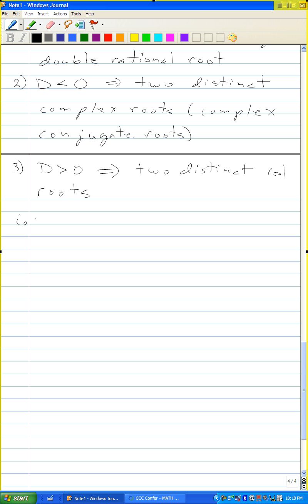Suppose, in addition, that the discriminant is greater than zero, and let's say that D is a perfect square, and that basically B over A is rational.